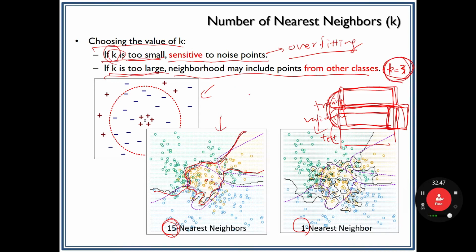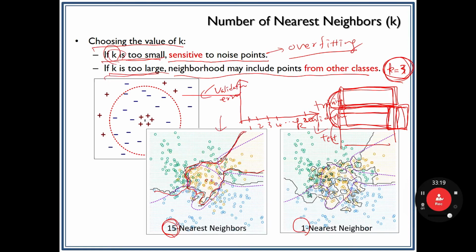So you can construct a two-dimensional graph where the x-axis is k, changing from 1, 2, 3, 4, and so on, until some large enough number of k, for example 20. You can test up to the number that you want, and the y-axis is the validation error.